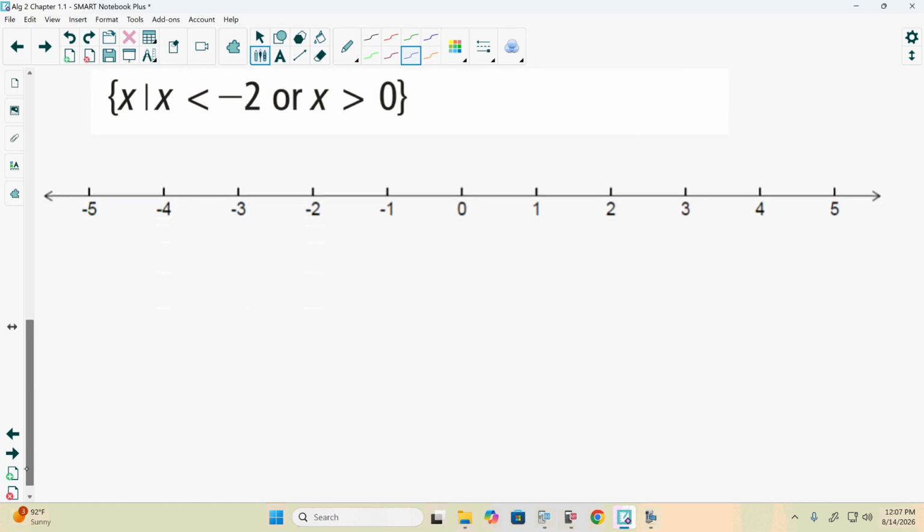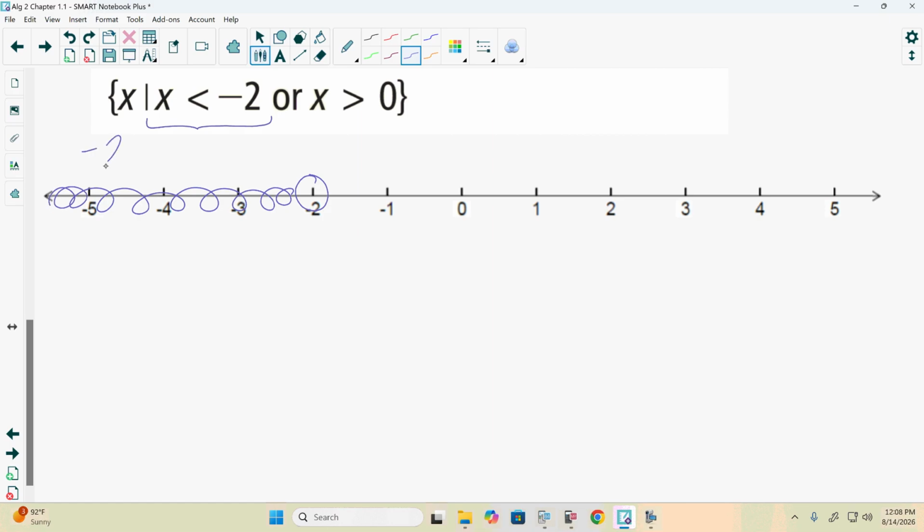First part's just telling us we're using the whole number line. X is less than -2. So we know we're going to have a point at -2, yes? Open or closed? Open. We don't have that equal line underneath it. So it's going to be open. Shade to the left or to the right? Left. I would agree.